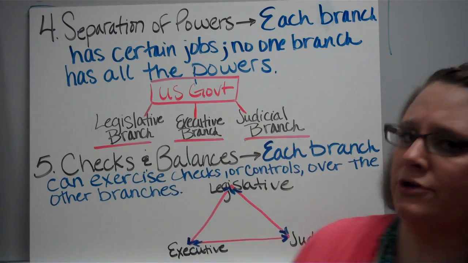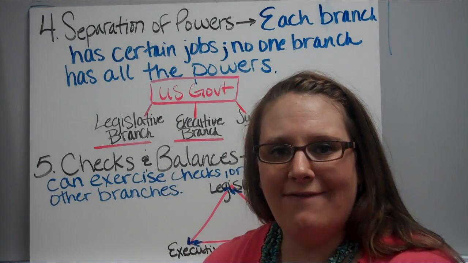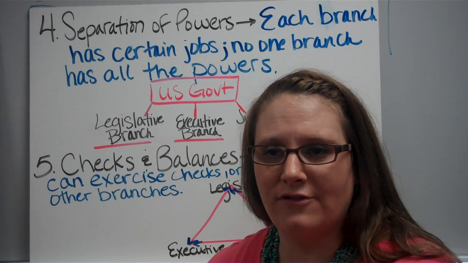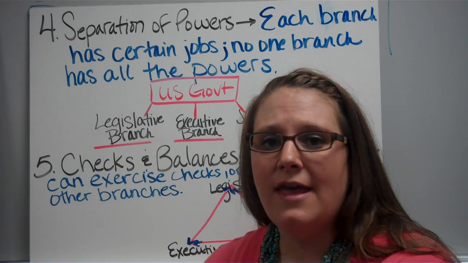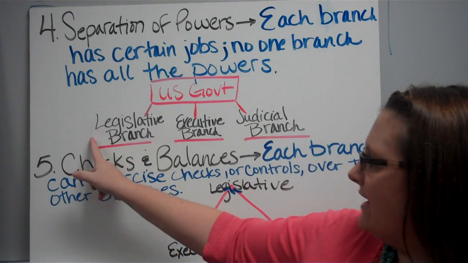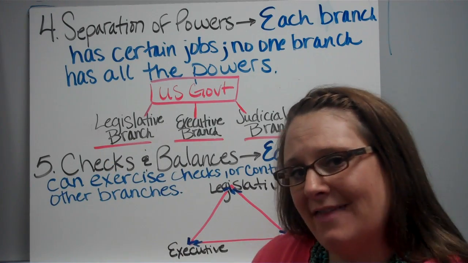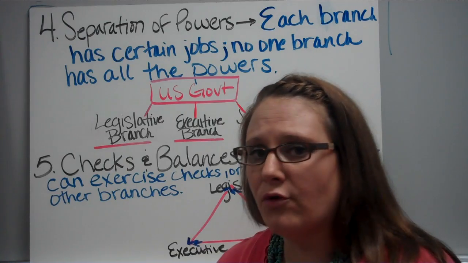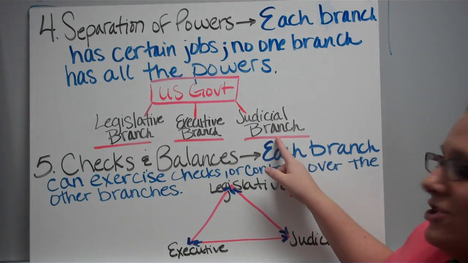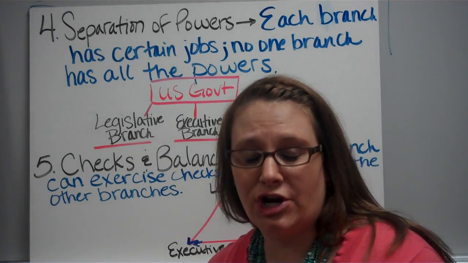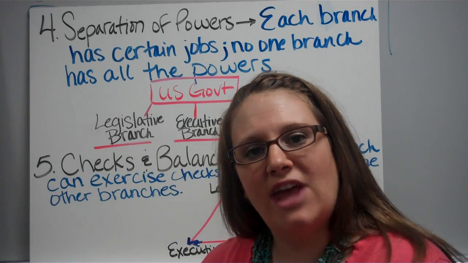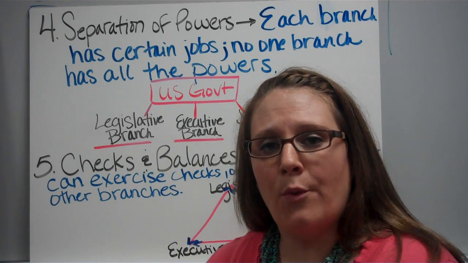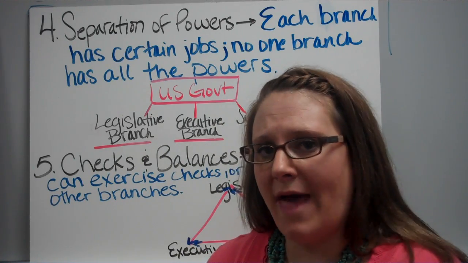We gave each branch certain powers that the other did not have. For example, the legislative branch is in charge of making the laws. The executive branch is in charge of enforcing the laws. And the judicial branch is in charge of interpreting the laws. Each has a certain power, so one branch does not become all-powerful.